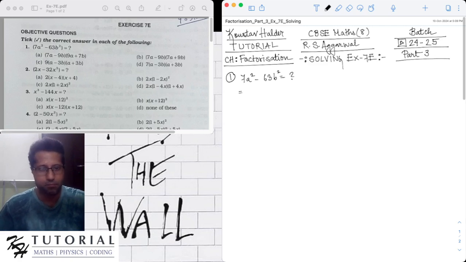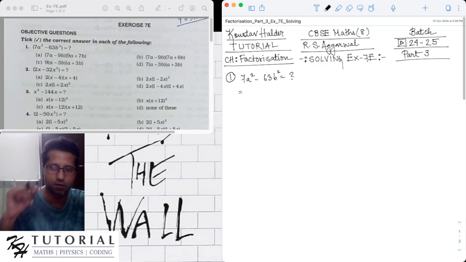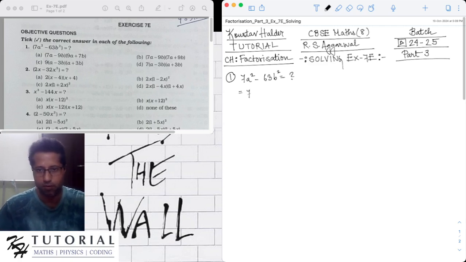Now 7a square, a square is fine, but 7 is not a perfect square, and 63 is also not a perfect square. But if you take common 7 from both the terms, I get 7 multiplied by a square minus 9b square. Now I can see a square minus 9b square is in the form of a square minus b square, and hence we can factorize.